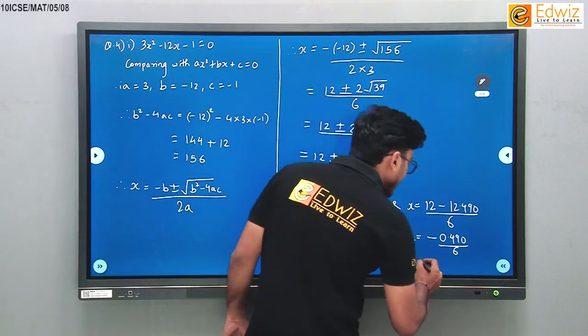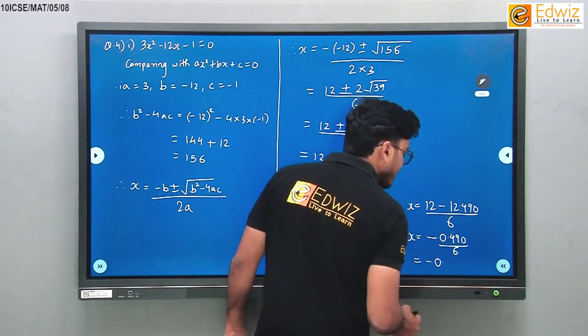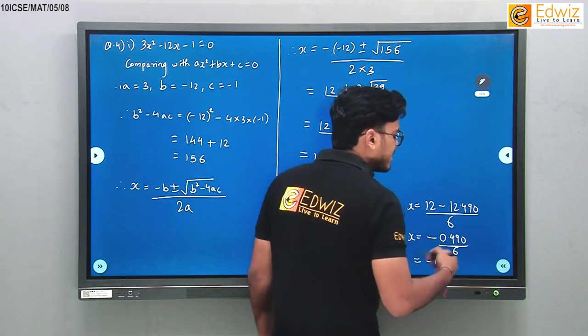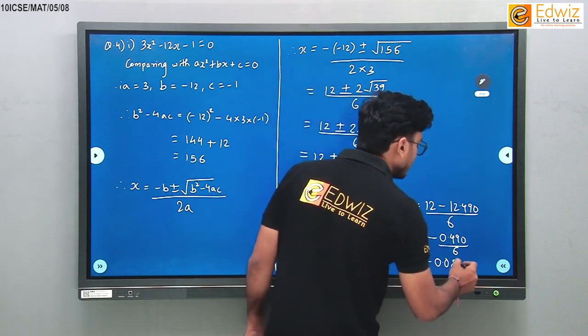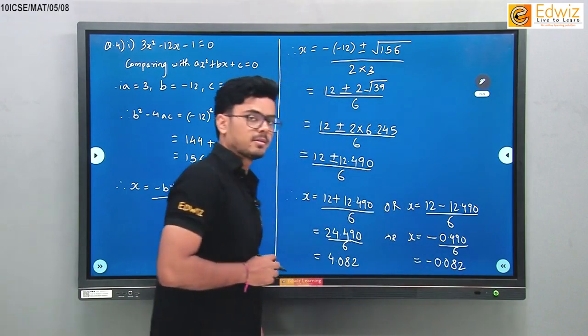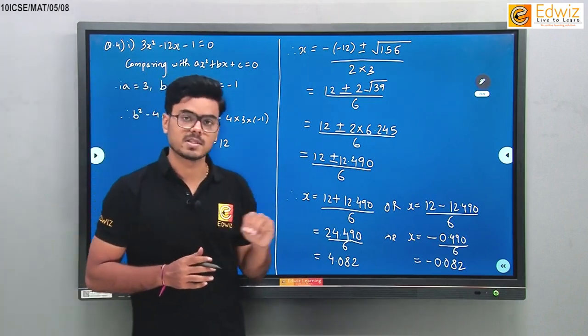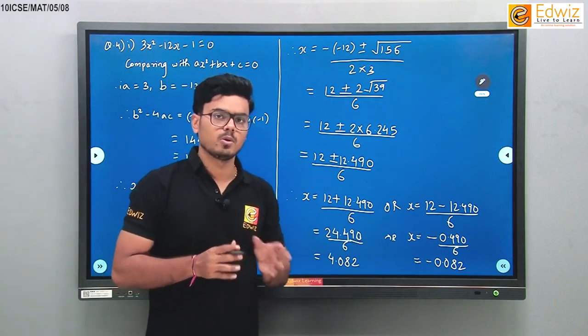Similarly, there the value will be minus 0. Again we have 4, so 0. Then 6 8s are 48. Once again you will get 1 and 6 later on. So 0.082 can be the answer. These two are the possible values of x correct to 3 decimal places: 4.082 and minus 0.082. Correct?